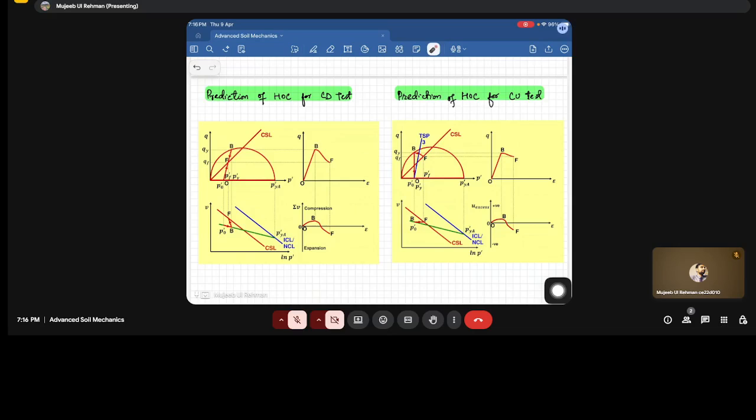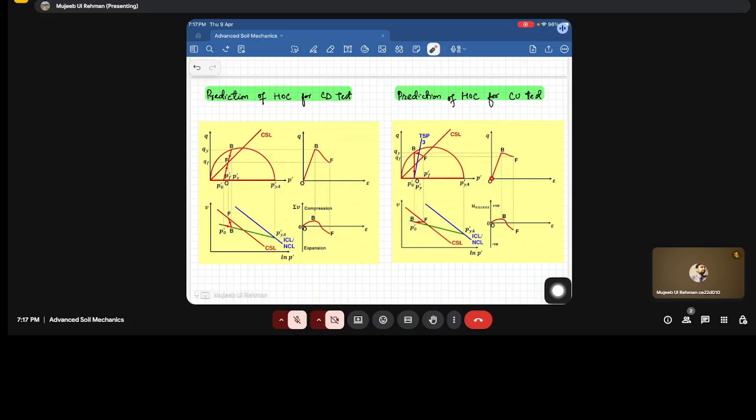It will start yielding and reach the critical state at F. Now from O to B, it will again be an elastic response that we can observe from the straight line O to B. From B to F, it's a yielding or a softening. From B to F will be a softening, and correspondingly, you can see it will move from B to F, where there will be a decrease in the mean effective stress, or decrease in the stresses, which will cause the failure, and this occurs at a constant specific volume.